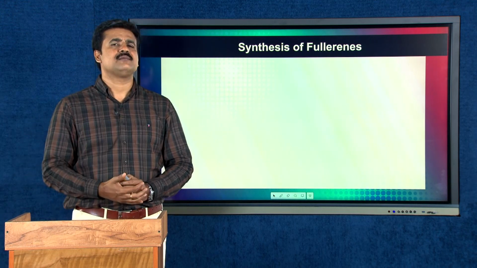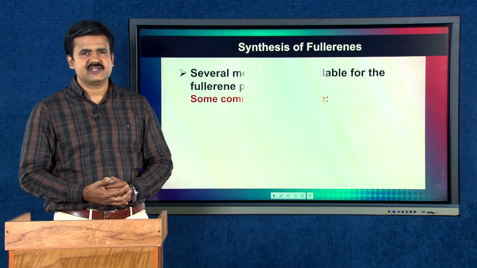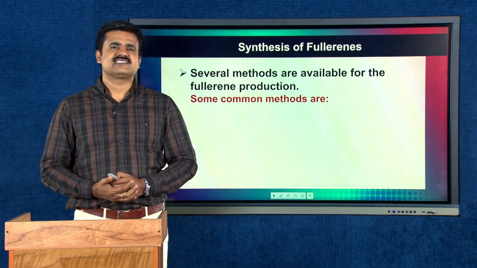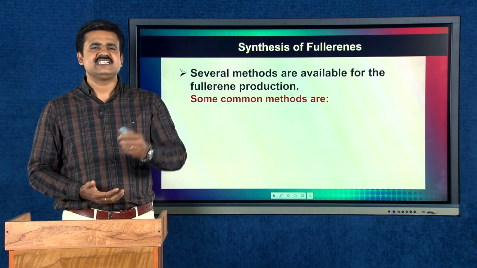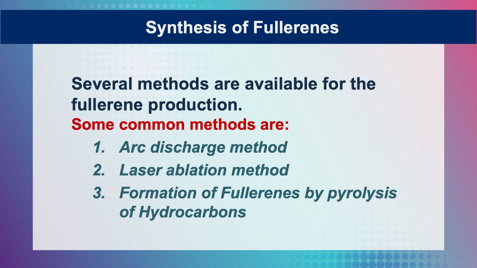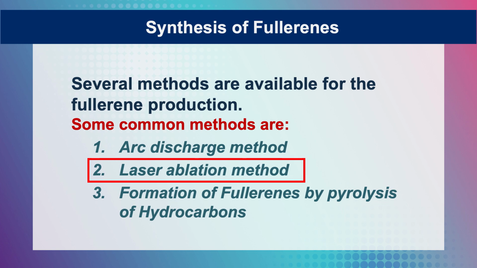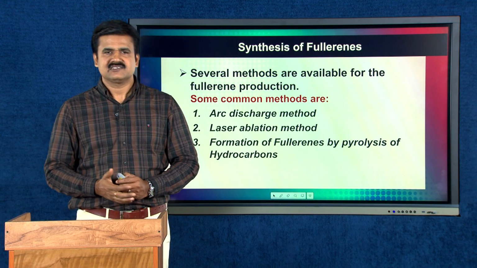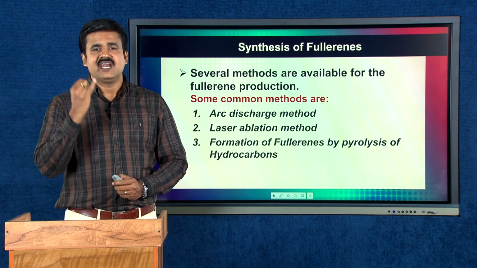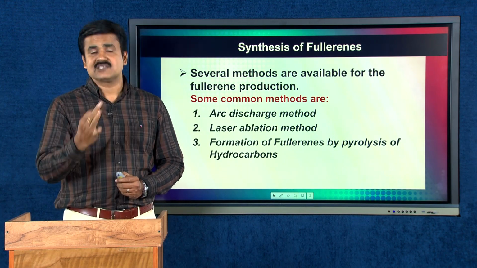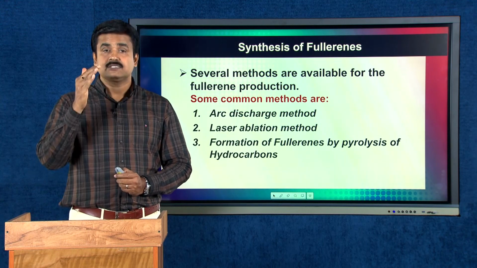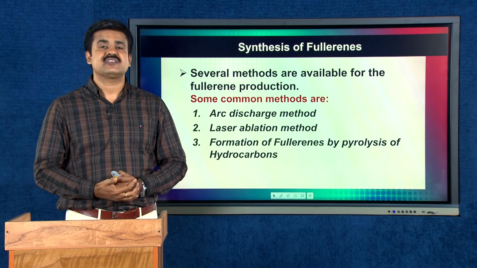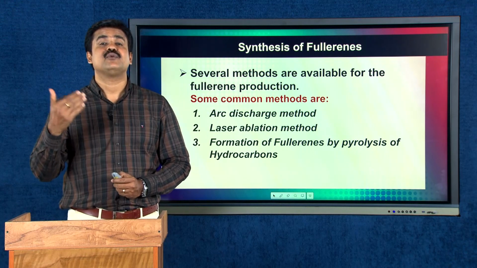We are looking at some popular methods for the synthesis of fullerenes. The common methods include arc discharge method, laser ablation method, and formation of fullerene by pyrolysis of hydrocarbons. So, these three are popular methods for the synthesis of different types of fullerenes.